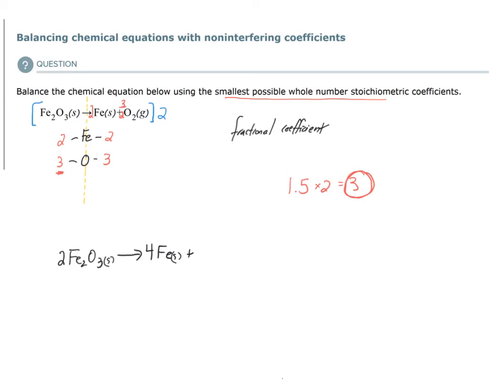Well, if I take that fraction, let's take 3 over 2 times 2 over 1. That is 6 over 2, which is equal to 3. If you look here, that will cancel with the 2. So it ends up being 3O2.